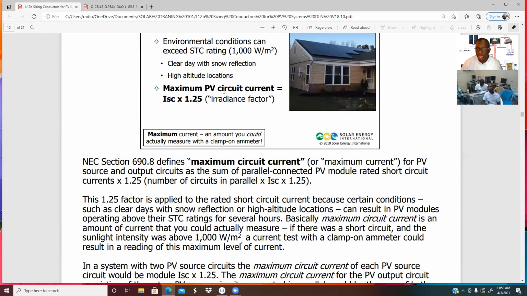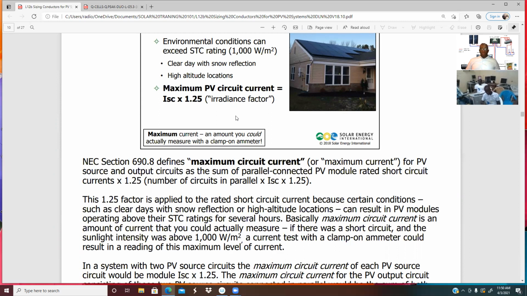I think almost all of you should know how to find the maximum PV source current from the model.